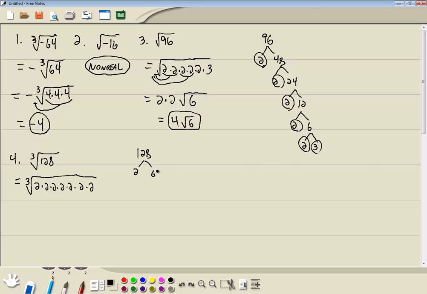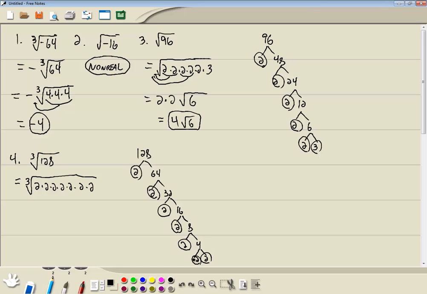Okay, 2 times 64, 2's prime, so I circle it. 64 is 2 times 32, 2's prime, so I circle it. 32 is 2 times 16, 2's prime, so I circle it. 16 is 2 times 8, 2's prime, so I circle it. 8 is 2 times 4, 2's prime, so I circle it. And 4 is 2 times 2. And both those are prime, so I circle them.